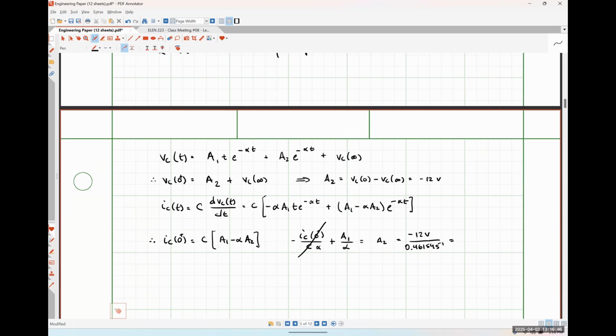So negative 12 divided by my previous answer is going to be negative 26, and the units on this should be, hold on. No. Yeah, that's the problem. I got this all backwards. My bad. Let me go back to this. We already knew what A2 was. Sorry. I thought we knew what A1 was. That's my fault.